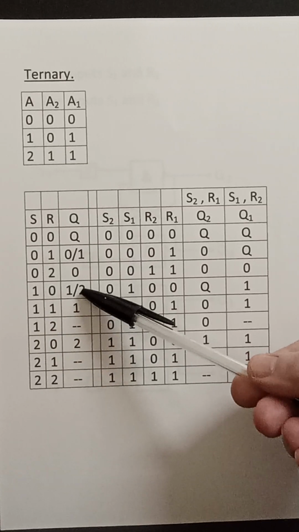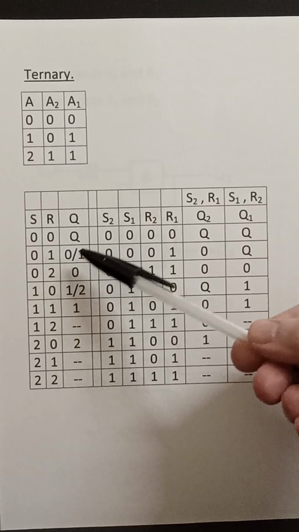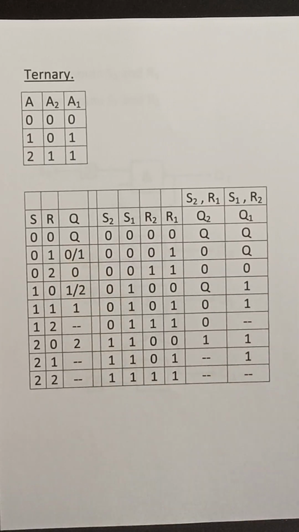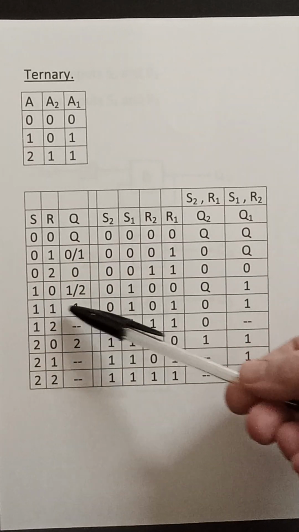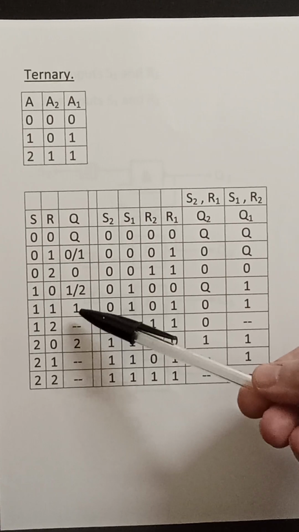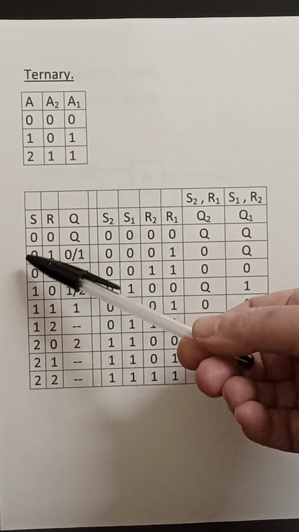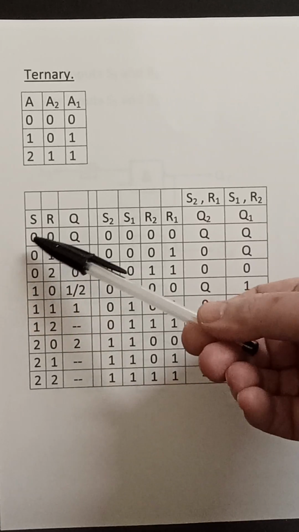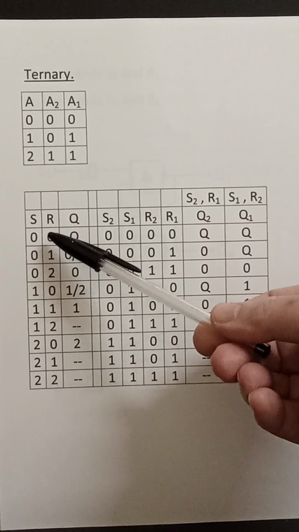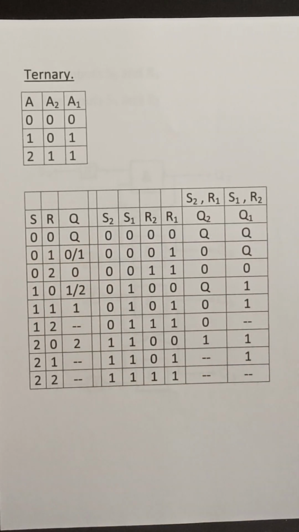So a 2 is held, and 0, 0 is the hold state, which holds a 2. That's an example. For 1, you can either set R to a 0 first and hold a 1, or S to a 0 first and hold a 1, and then S equals 0, R equals 0 is the hold state. So that's the basic design for the ternary SR flip-flop.